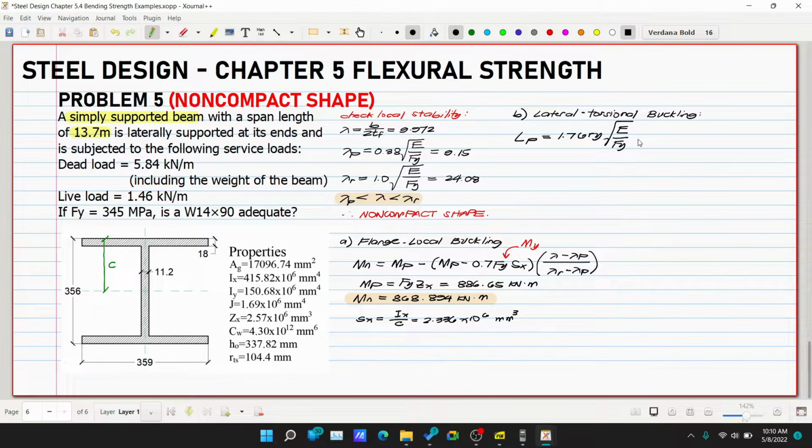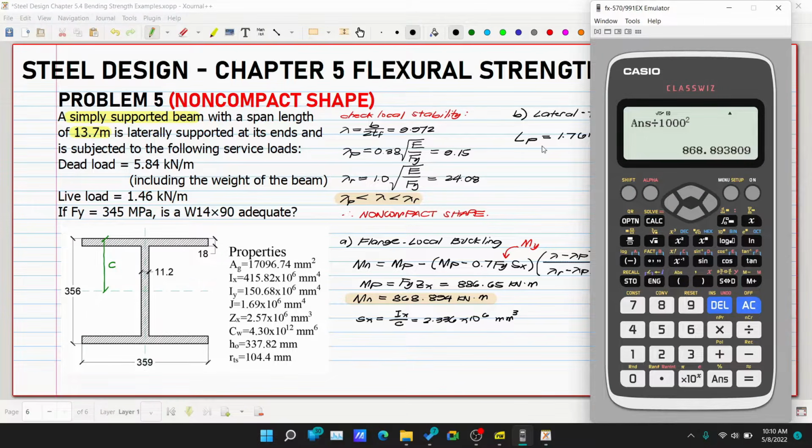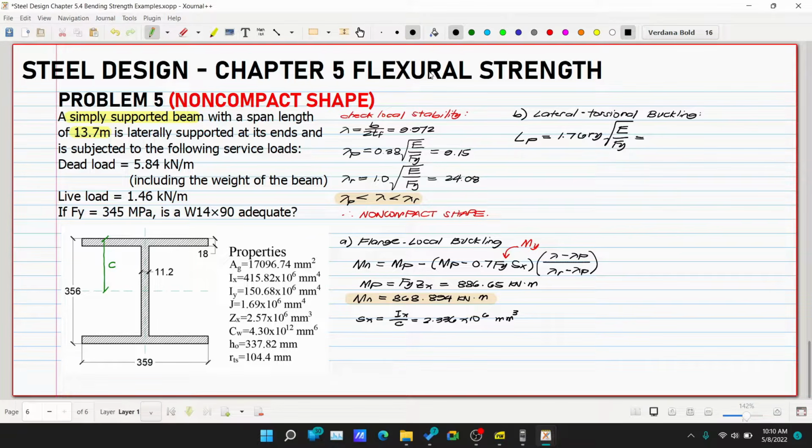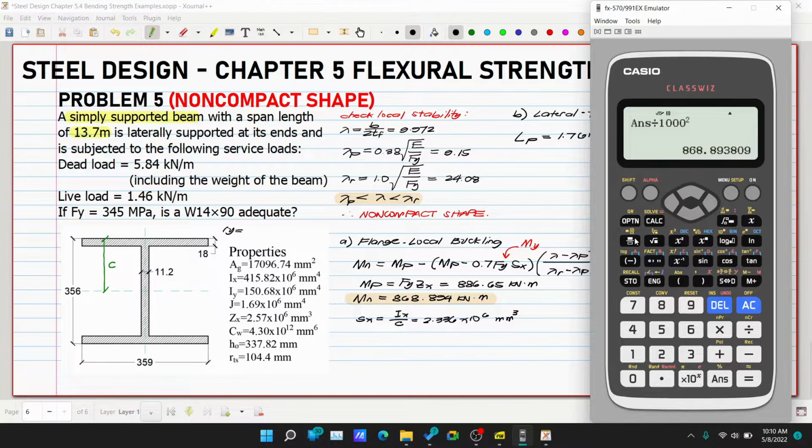So, dito, ang ating Lp is equivalent to 1.76. Okay, so susubstitute ulit natin yung ating ry. So, ang ating ry is equivalent to square root of Iy 150.68 times 10 raised to 6 over area 17096.74.